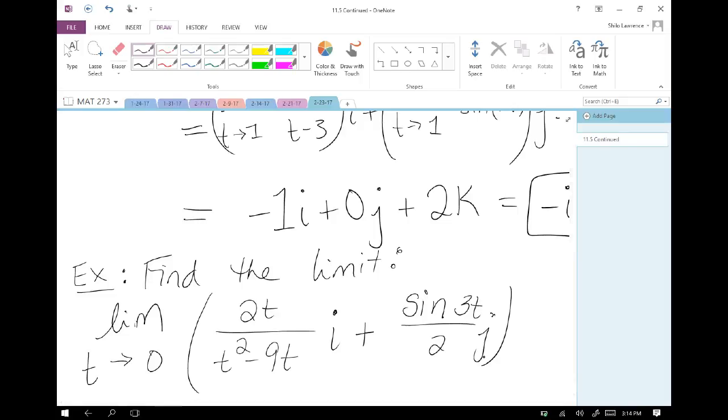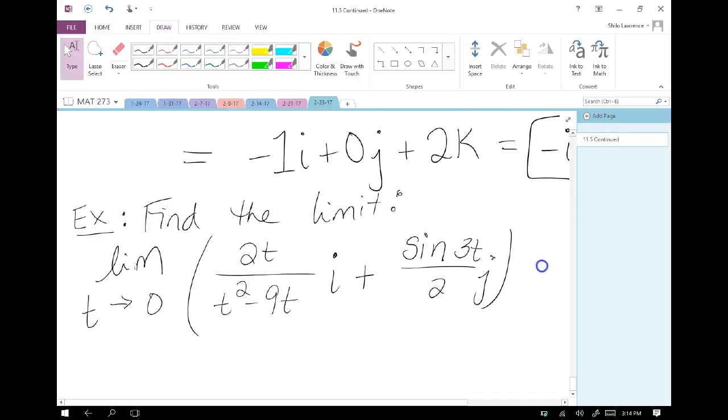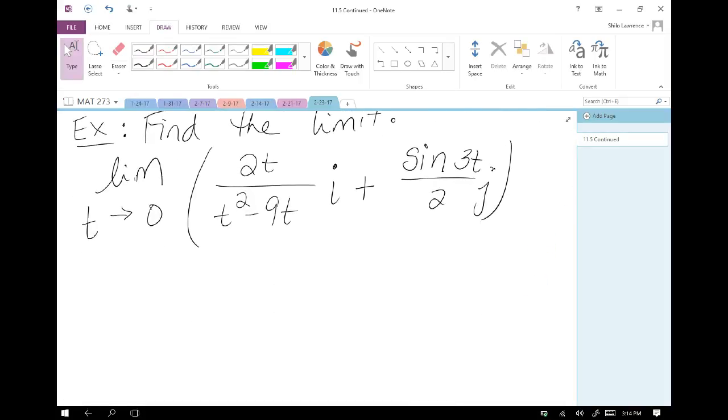Easton, what do you get if you plug 0 into the first one? 0 over 0, which is indeterminate. So factor out t. 0 over 0 is indeterminate, which means since they're polynomials, they have a factor in common that can be pulled out and crossed out. So I'm going to pull a t out of the bottom.